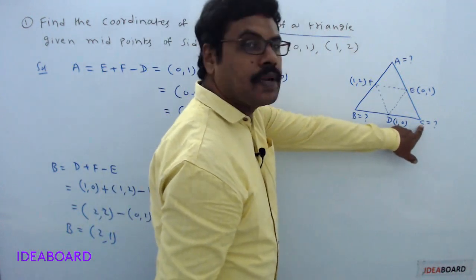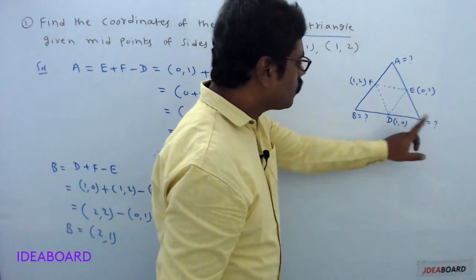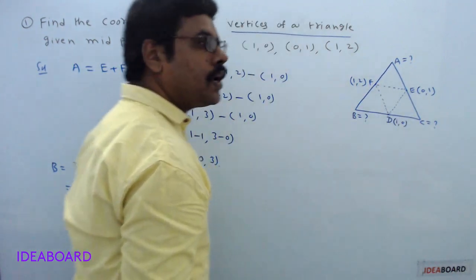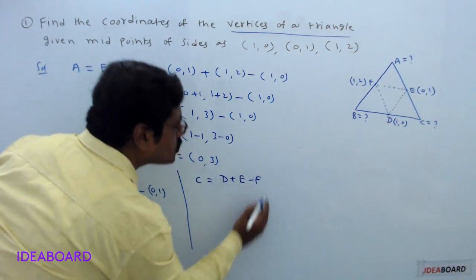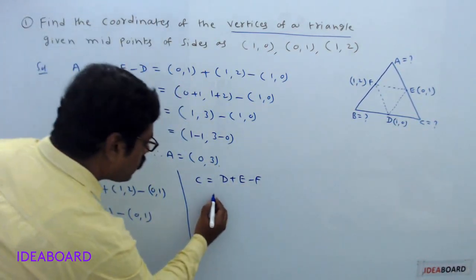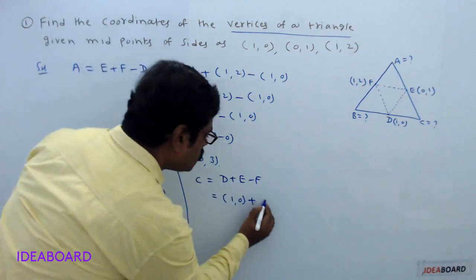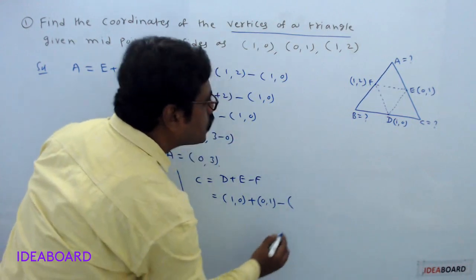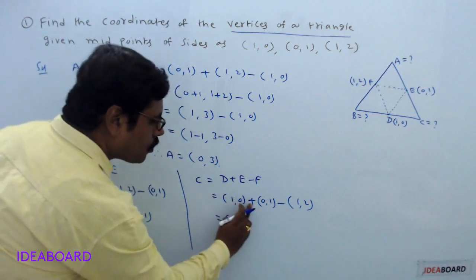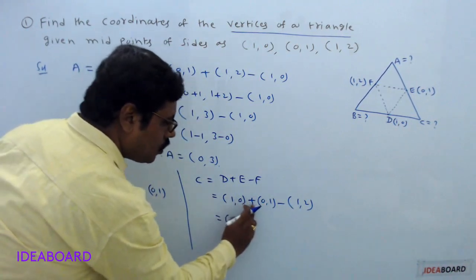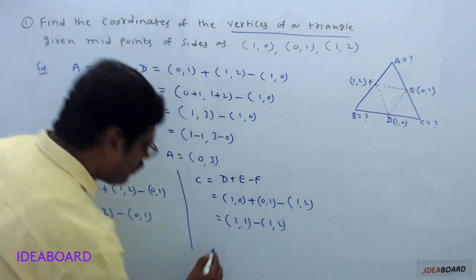So C can be expressed as D plus E minus F. So C equals D plus E minus F. Now this equals (1, 0) plus (0, 1) minus (1, 2). That is (1 plus 0, 0 plus 1) minus (1, 2), which is (1, 1) minus (1, 2).